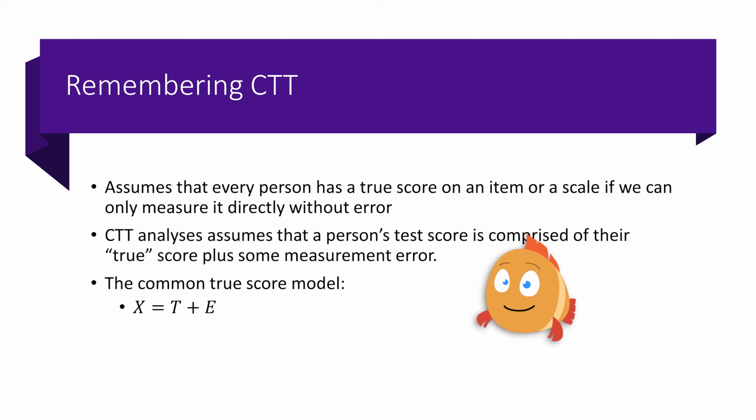That would be nice. Classical test theory assumes that a person's score is comprised of their true score, T, plus some measurement error, E. And the common true score model is X equals T plus E.